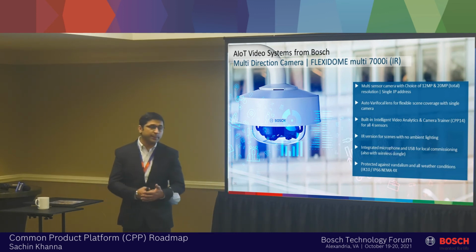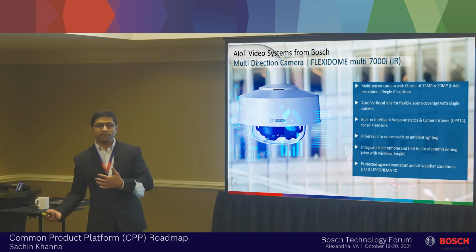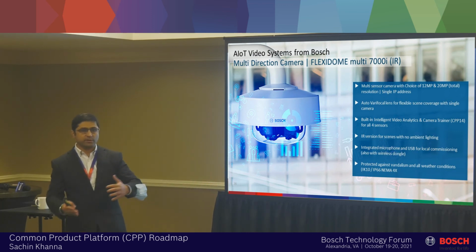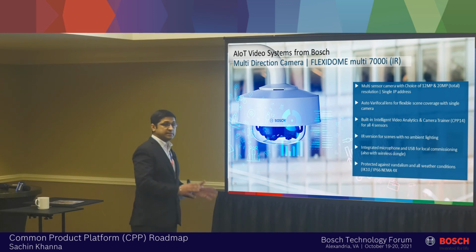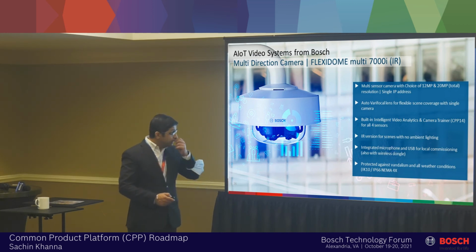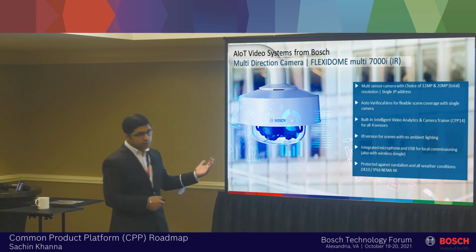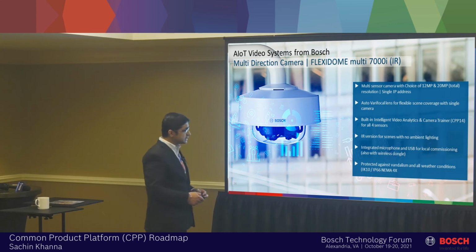This is really a big difference from anything else which is out there in the market, because otherwise, normally, when you go to a high resolution, you drop frames or you cannot do video analytics. But in this platform, all the stuff runs at the same time in parallel. We have infrared illuminators integrated in this, so there's a version with and without IR available. We also have a microphone in this.